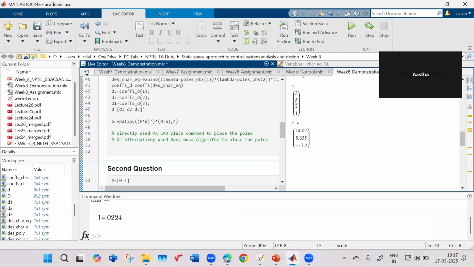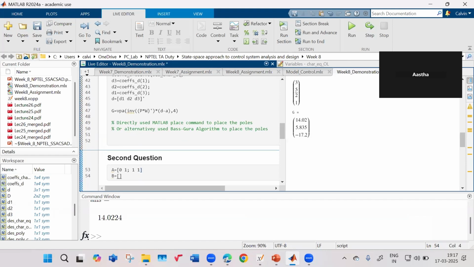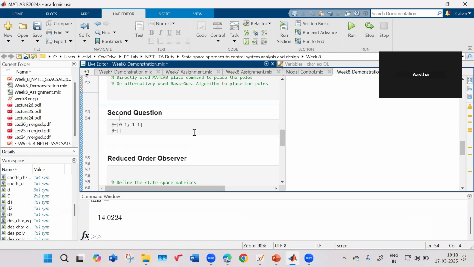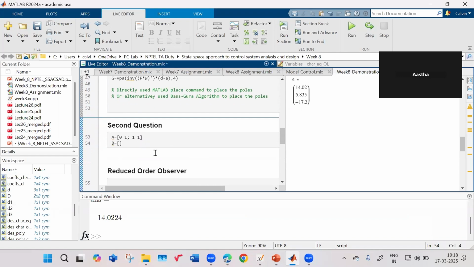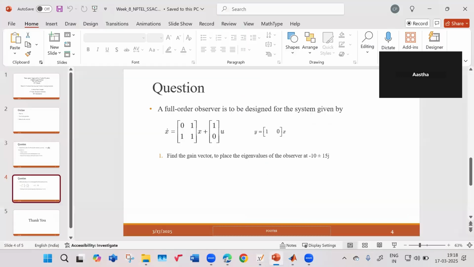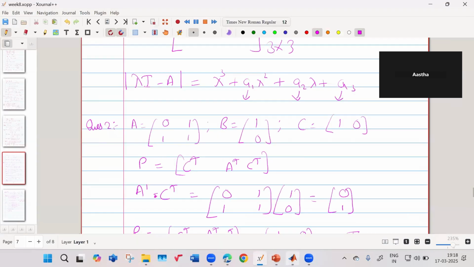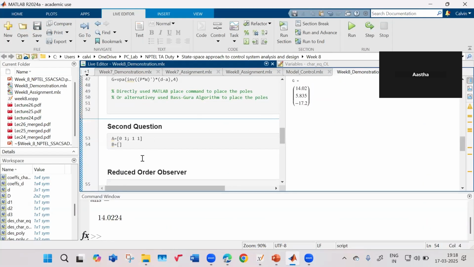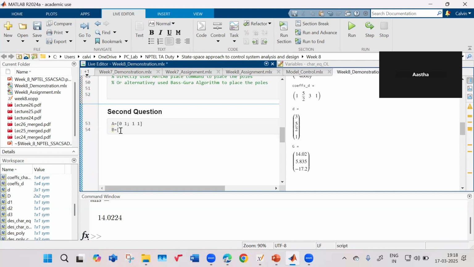The B matrix is given by 1 0, and the C matrix also is given by, okay, the B matrix is a column vector and the C matrix is a row vector.